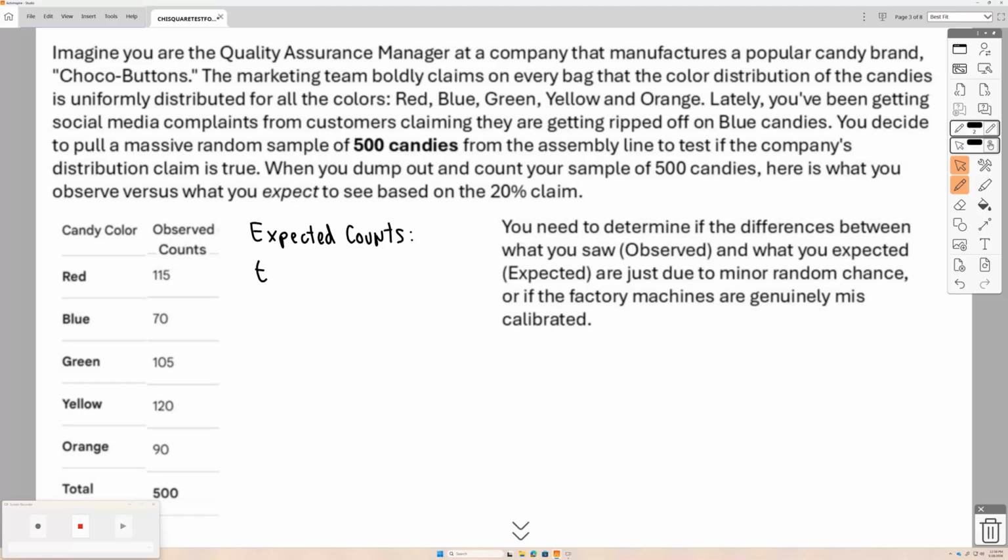To calculate the expected counts, we are going to multiply the sample size of 500 candies by the individual proportions.